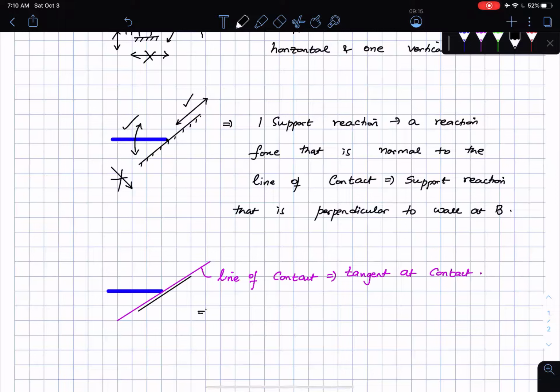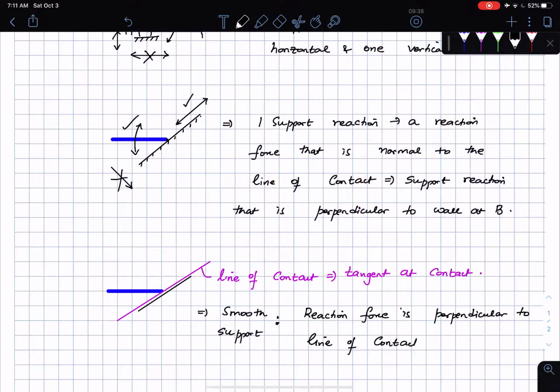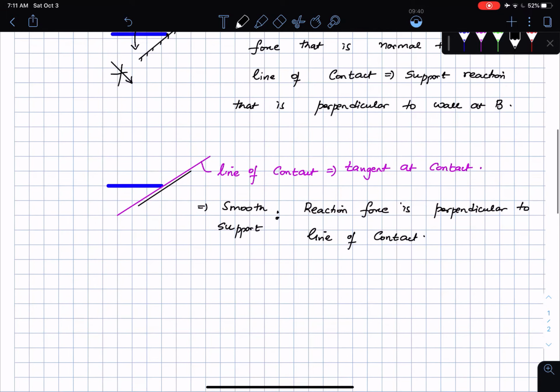Okay, so smooth support, the reaction force is perpendicular to the line of contact. Okay, and in a sense, this is almost the same as having some kind of a roller support here. Okay, so this is the same.